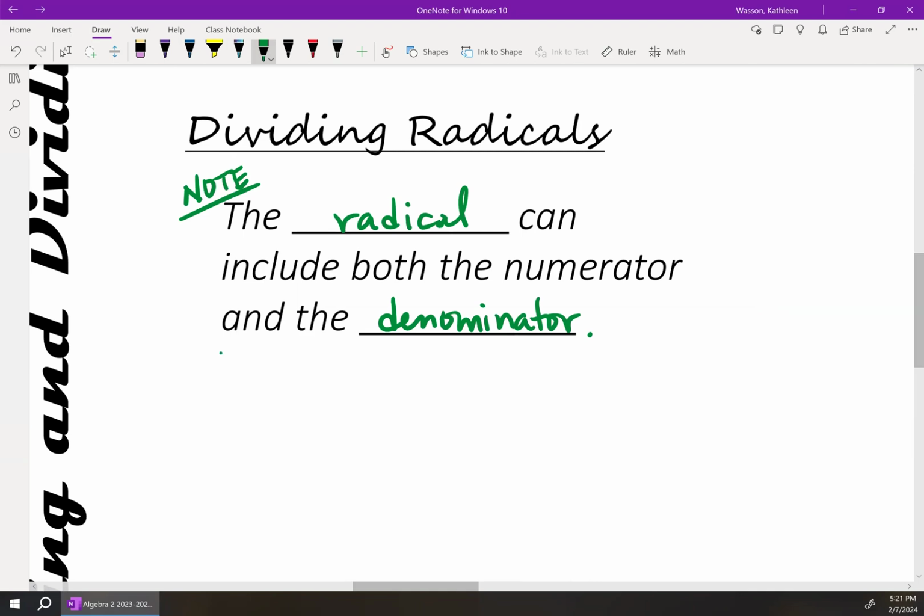So first, we'll rewrite as a single radical. And second, we'll simplify the radical.